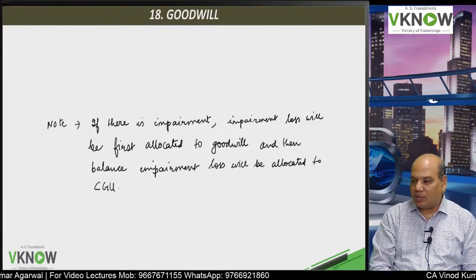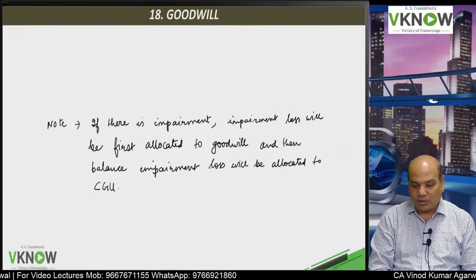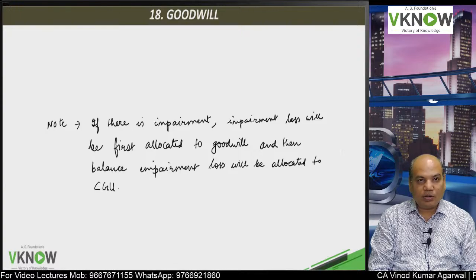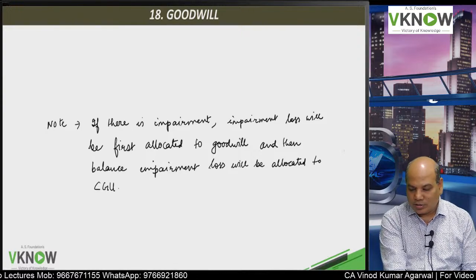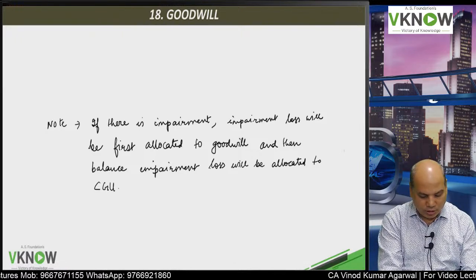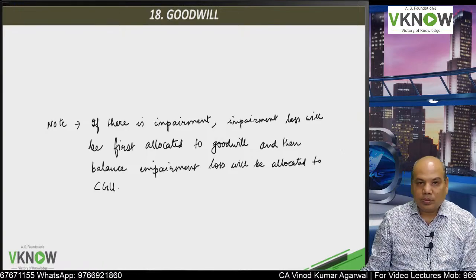When you are testing goodwill for impairment, if there is impairment, the loss is first allocated to goodwill and the balance is allocated to CGU.